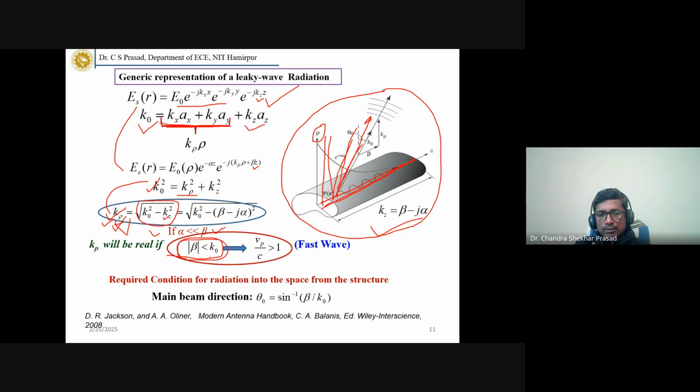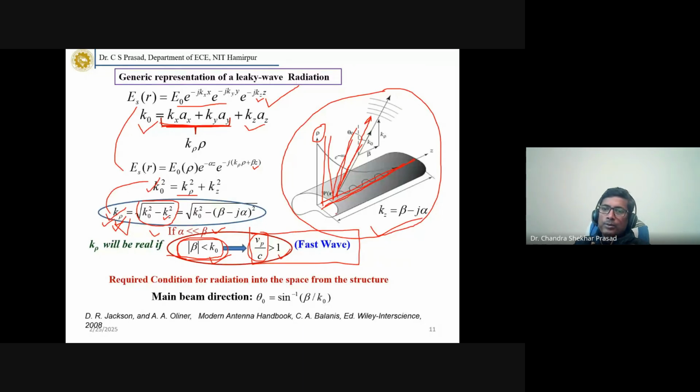So what is the meaning of this? If you put the value of beta and k naught, this is basically in terms of phase velocity. So the phase velocity Vp by c must be greater than 1, and this is basically called a fast wave. Right? So this part is important.